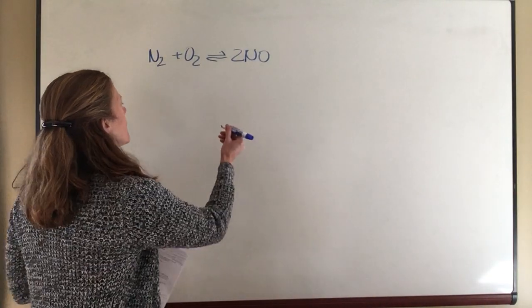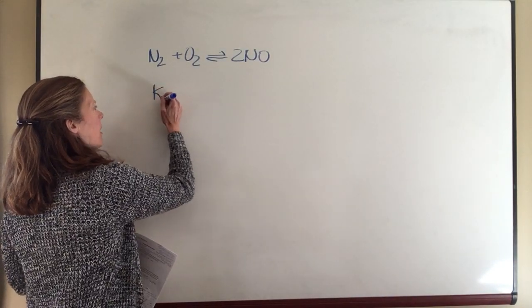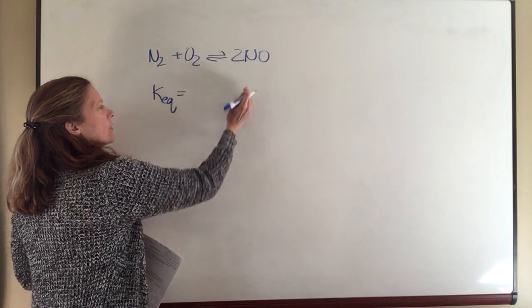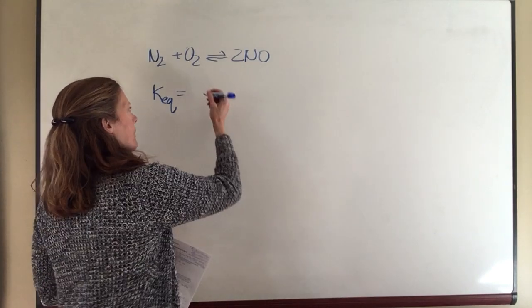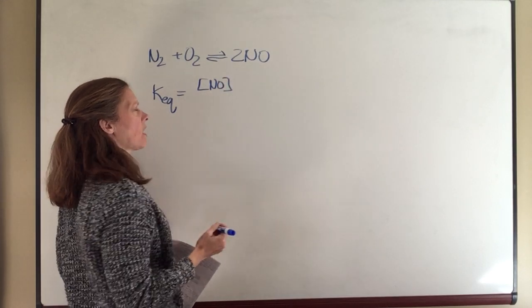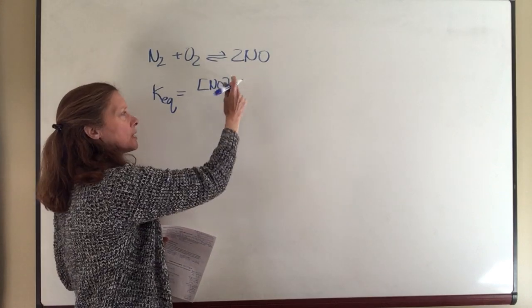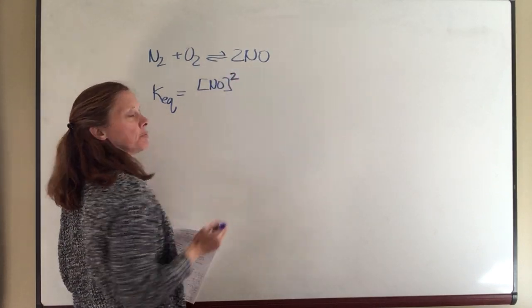Okay, so when I write the equilibrium constant, just like we did for the rate constant, the products are going to go on the top. So I'm going to take the concentration of nitrogen monoxide, and this time the stoichiometric coefficient is what I'm going to use as the exponent up here like this.